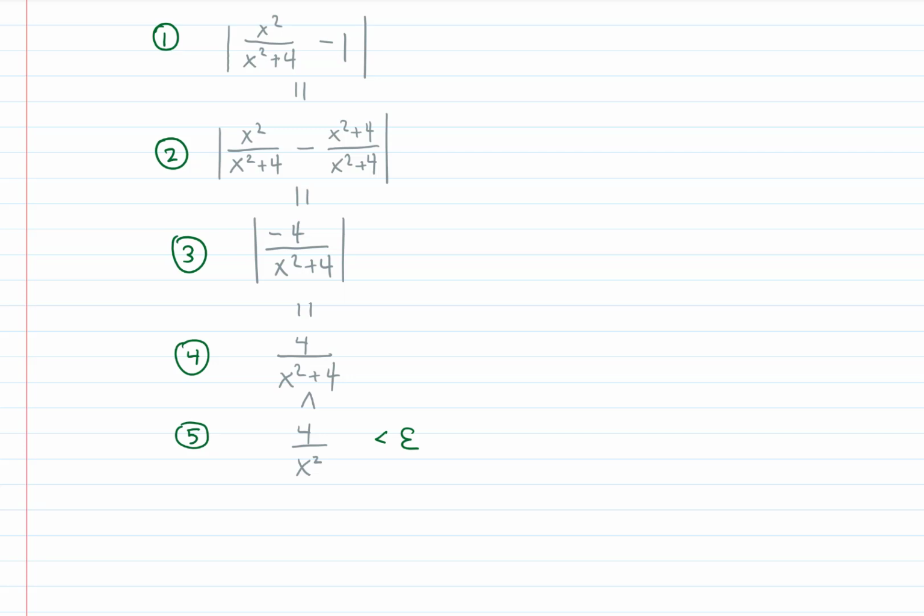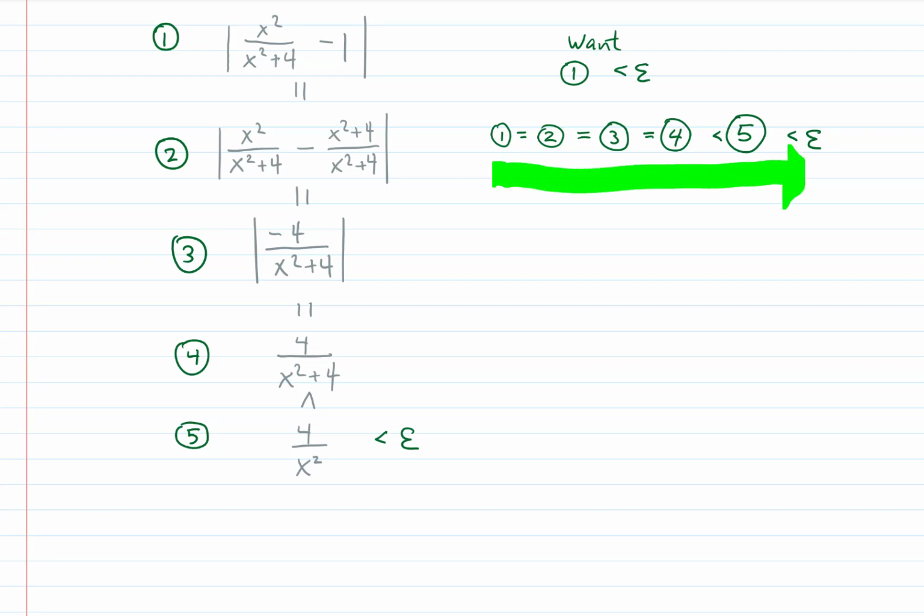Okay, so here's another way of thinking about it. I want line 1 to be less than epsilon. And here's what I've done. I've shown that line 1 equals line 2, which equals line 3, which equals line 4, which is less than line 5. So if I can make line 5 less than epsilon, then line 1 will be less than epsilon.